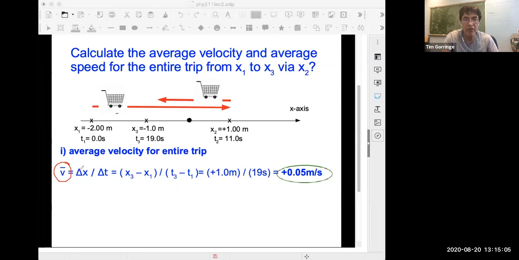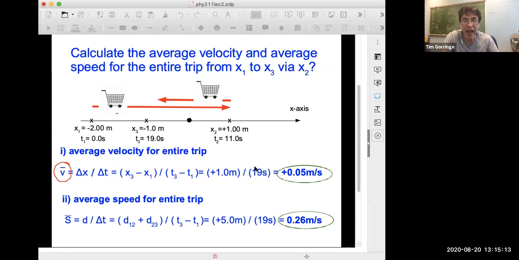The question also asked, what's the average speed? So let me also do that. Here's the definition of average speed down here. Instead of being the displacement divided by the elapsed time, it's the distance divided by the elapsed time.